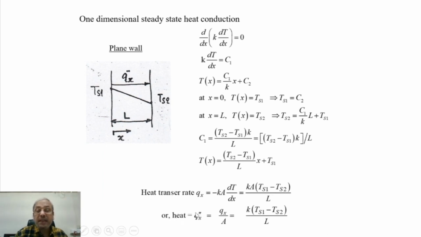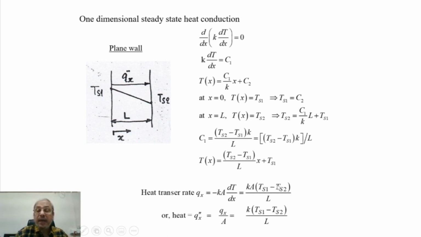And heat flux is heat transfer rate per unit area. So basically k (Ts1 minus Ts2) divided by L, this entire quantity divided by A, the area through which heat flux is acting.